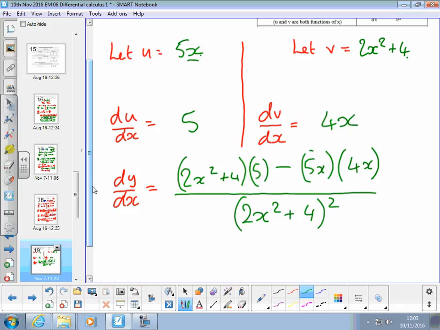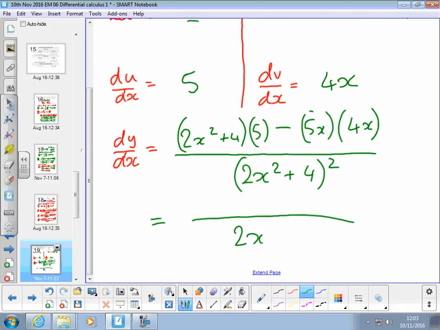In this case, if you multiply that out, you're just making it more messy. Leave that as it is, nice and tidy like that. Okay? So what we can do is simplify the top line.